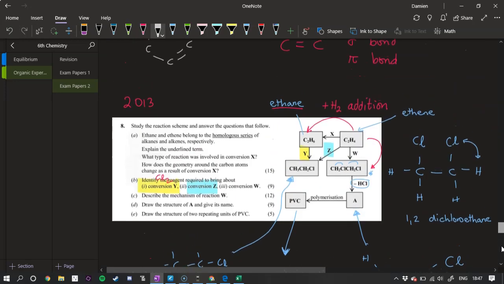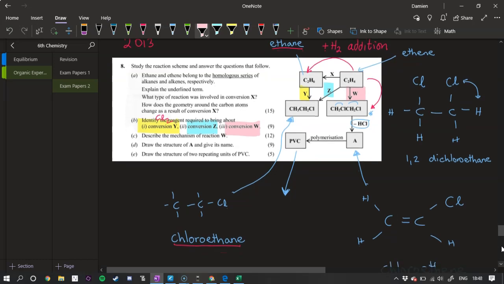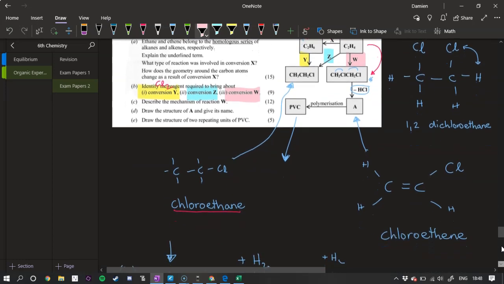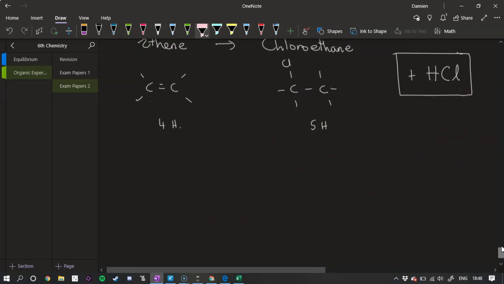And then the final reagent was the conversion W. So conversion W is this one here. How do we get from ethene to 1,2-dichloroethane? So again, let's have a look at that. So we're going to go from ethene to 1,2-dichloroethane.